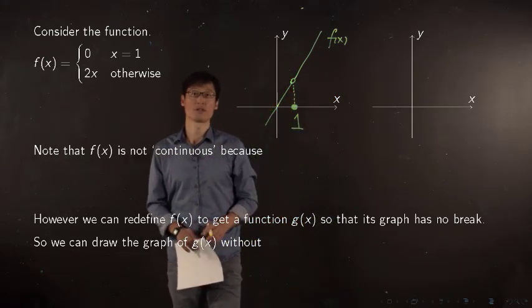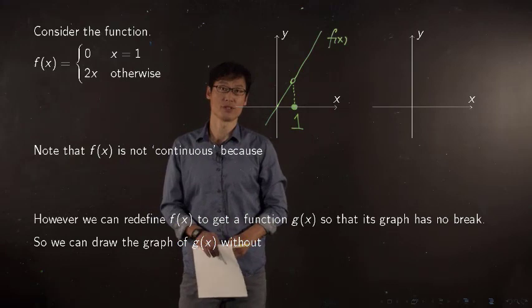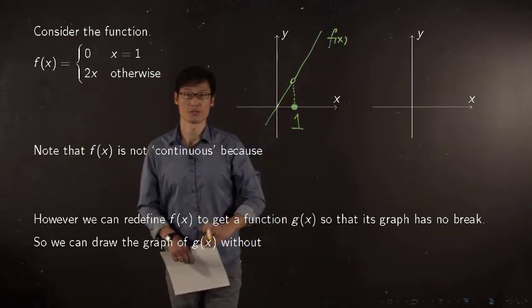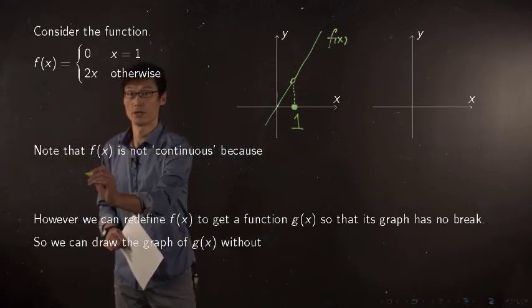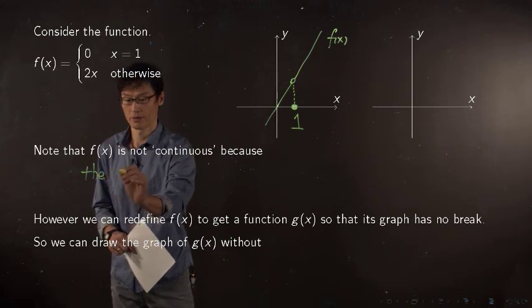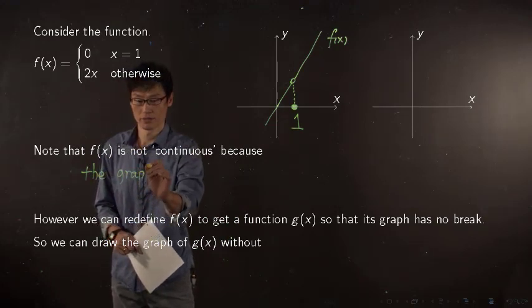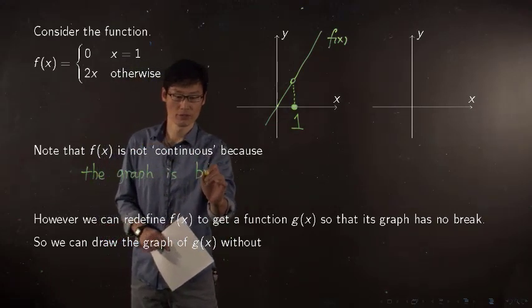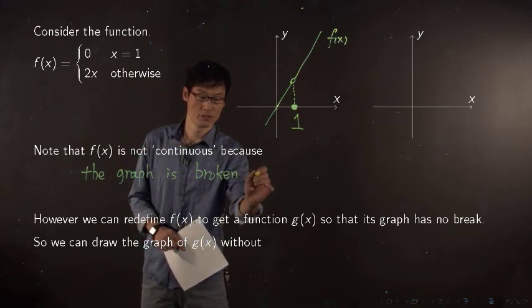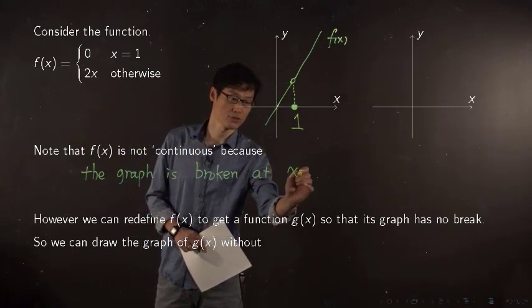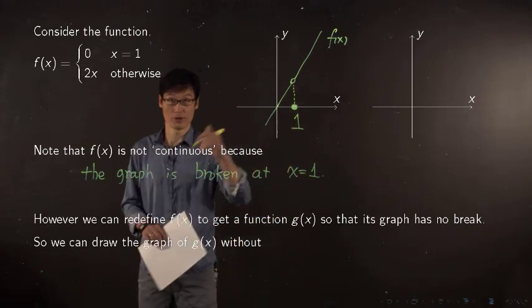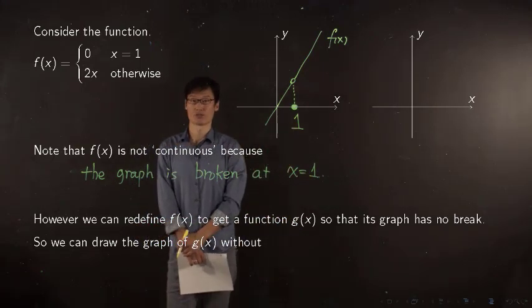This function is not continuous. I mean, the graph is not continuous because the graph is broken at x equals 1. So the graph is not continuous.